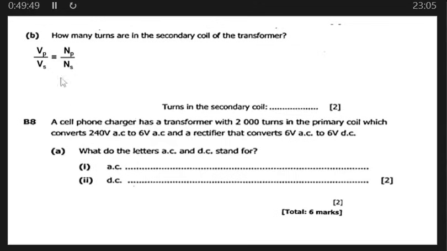So here the voltage also is 240 to 6 volts, and the rectifier converts 6 volt AC to 6 volt DC. So this voltage is converted to this, so this voltage is for the secondary.